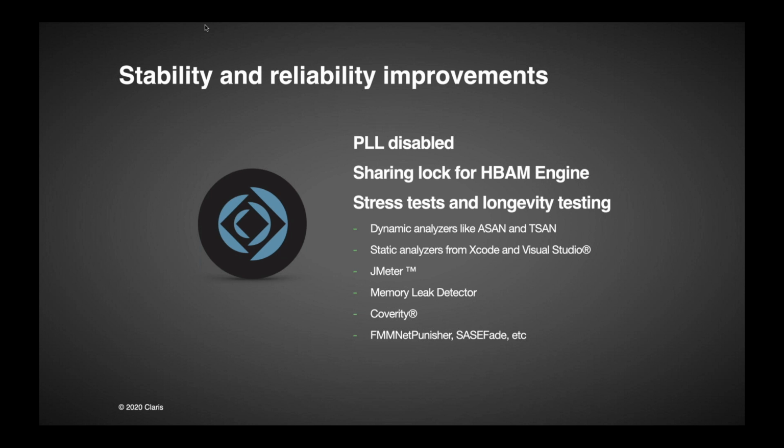To further improve stability and reliability, we have stress tests and longevity testing with a multi-dimension approach: increasing the number of concurrent users, making testing time longer, adding more databases with larger sizes like 50 gigabytes, 100 gigabytes, and more testing tools and test cases. Lots of external and internal tools are used: dynamic analyzer, static analyzer, TSAN, ASAN. Here is just a quick list.